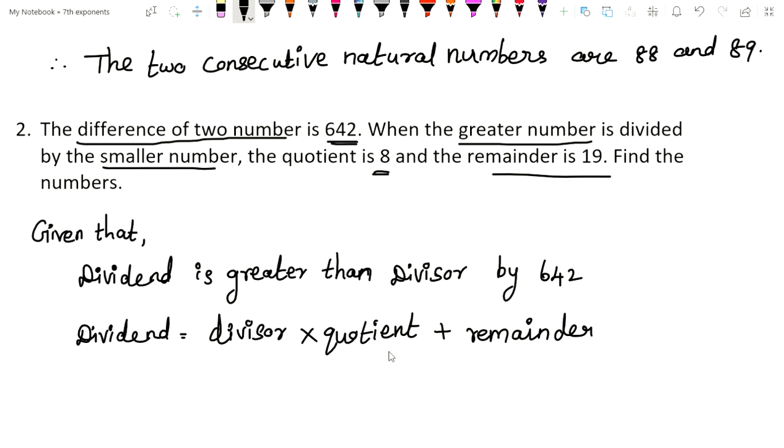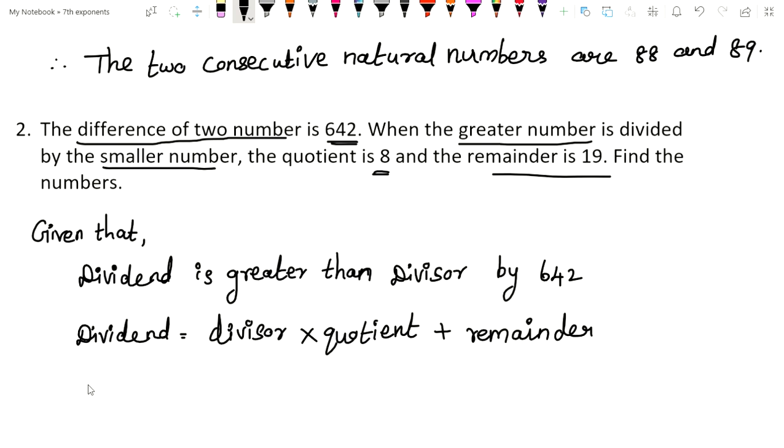Okay, so this is division algorithm. Here we are going to apply. Before that, we need to find out dividend, divisor, quotient, remainder. These are the things given in the question. That first you write it.